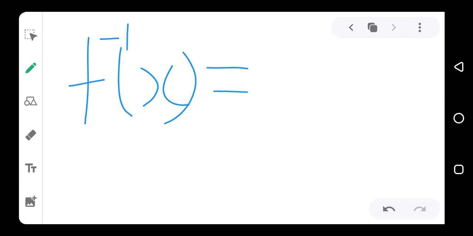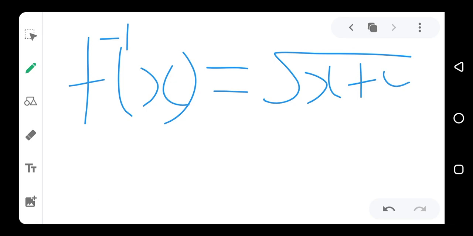So our inverse function of x is equal to the square root of x plus 4.